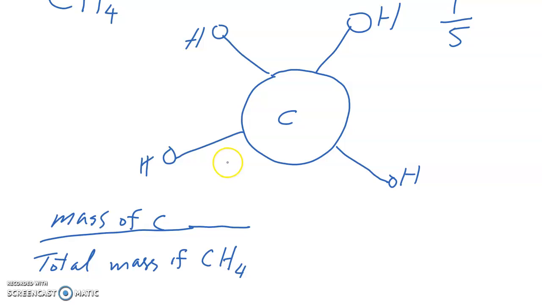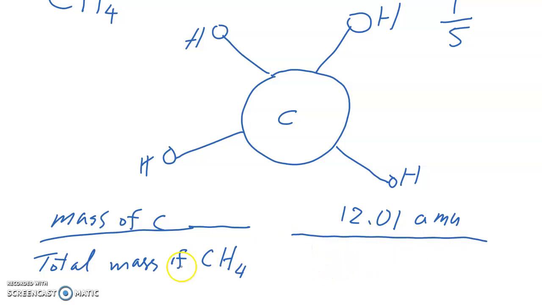Okay, in this case, what is the mass of the carbon over here? If you look at the periodic table, it is 12.01 AMU, or you can say grams per mole. That divided by the total mass of the molecule: it will be 12.01 from carbon, and 1.008 from hydrogen, but I have 4 of them, so I have to multiply that by 4.